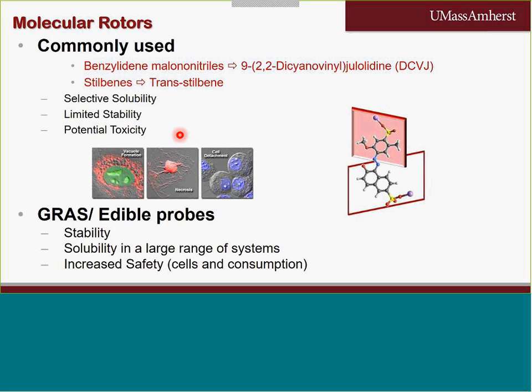So one of the ideas is to use glass or edible probes that have this behavior but with increased stability. They are going to be soluble in a large range of systems because, of course, we have probes that are liposoluble and also hydrosoluble, depending on the food they are applied to.